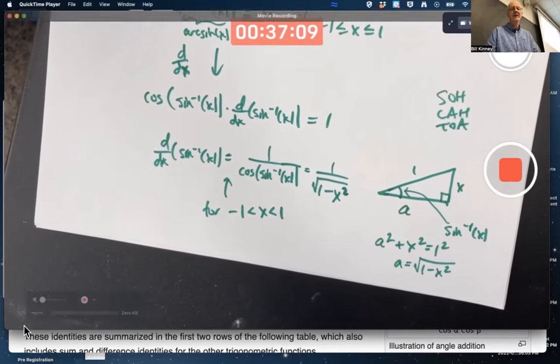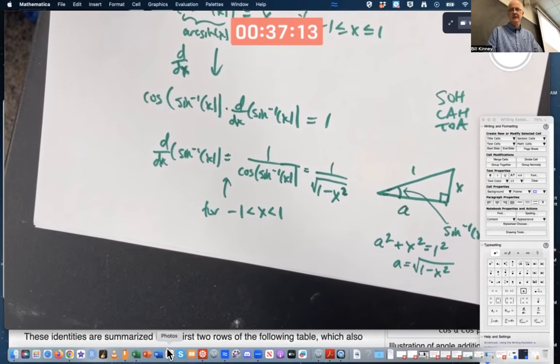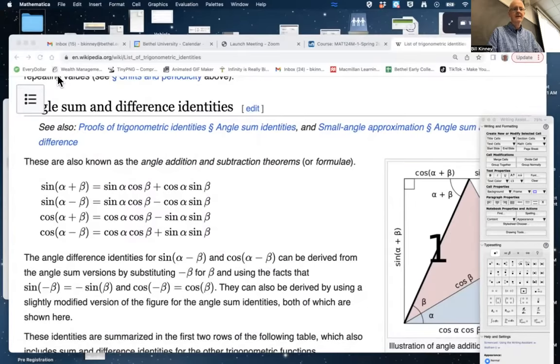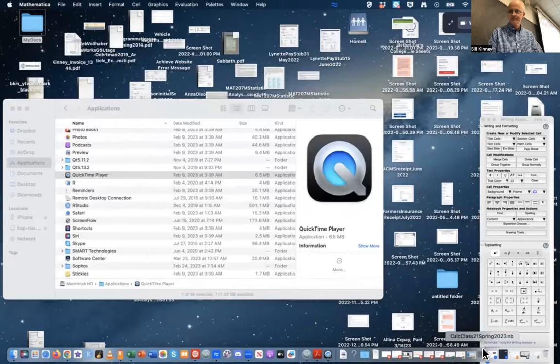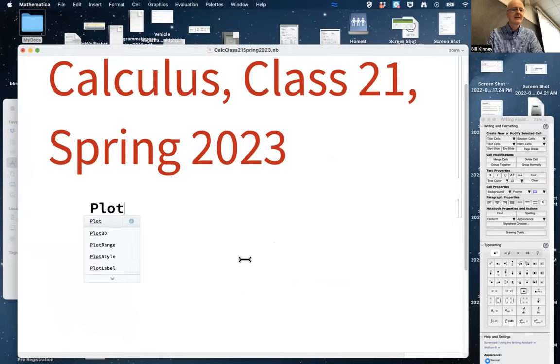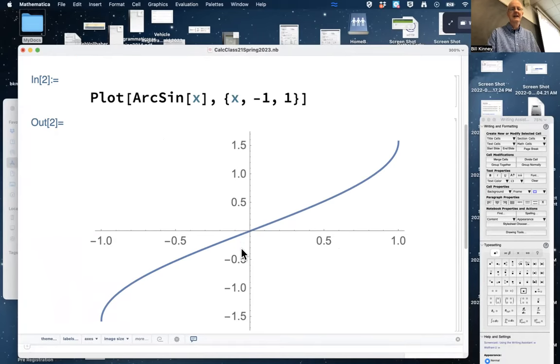What's happening graphically is this. If you plot the inverse sine function, where'd my Mathematica document go? Here we go. If you plot the arcsine function in Mathematica from negative 1 to 1, it looks like this.